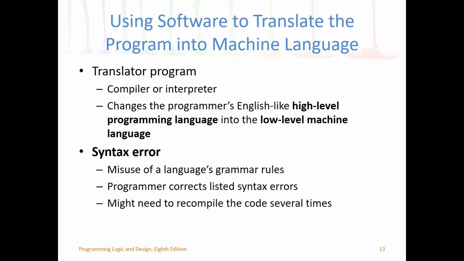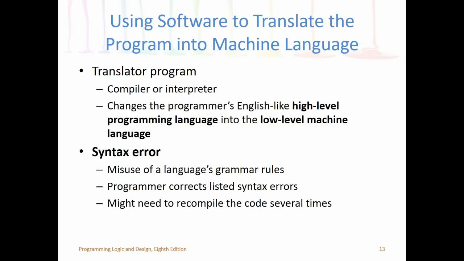Using software to translate the program into machine language: a translator, compiler, or interpreter, which is a program that takes your instructions and changes them into zeros and ones that the computer can understand.